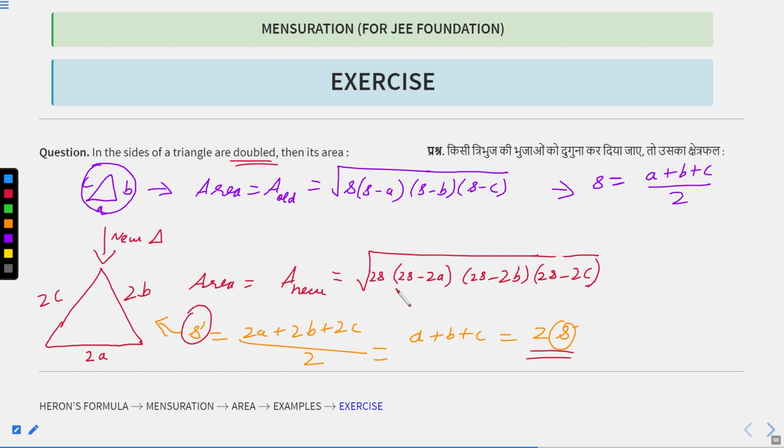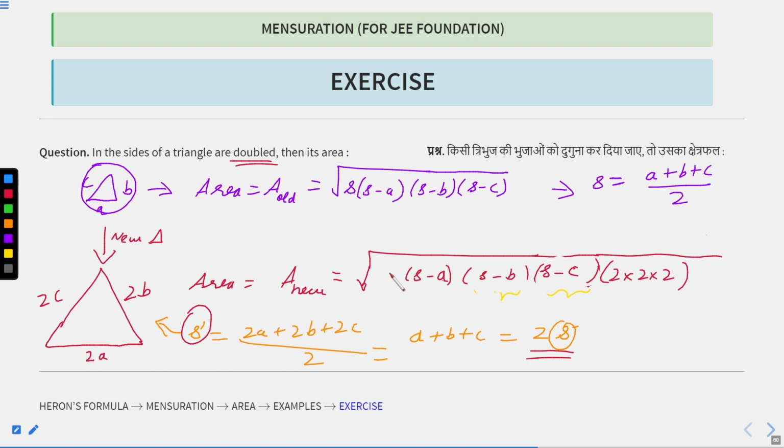Now taking 2 common from this term and this term, I'm taking 2 out. After taking 2 out, what will I be left with? S minus B, S minus C. I hope this is clear. And here is 2S, and because 2 is out, I have this.